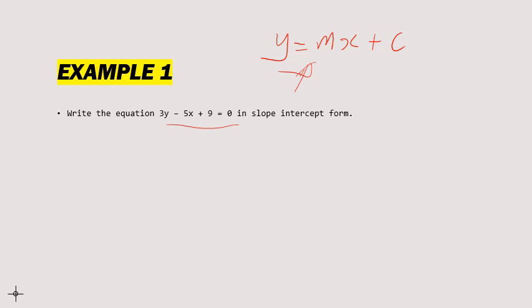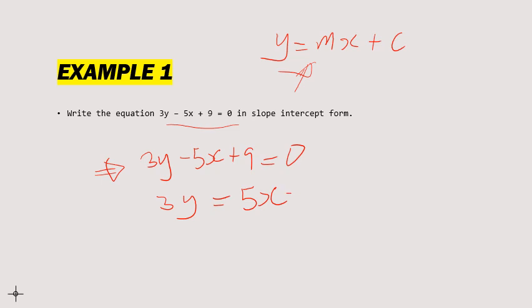Okay, so how do we do that? So you will say that 3y minus 5x plus 9 should be equal to 0. Therefore, to make y the subject of the formula, all those should go on that other side. We are going to work out positive 5x minus 9. Then you divide both sides by 3.